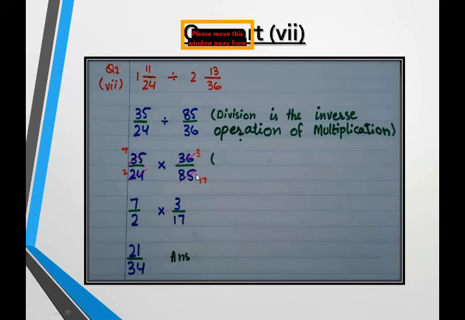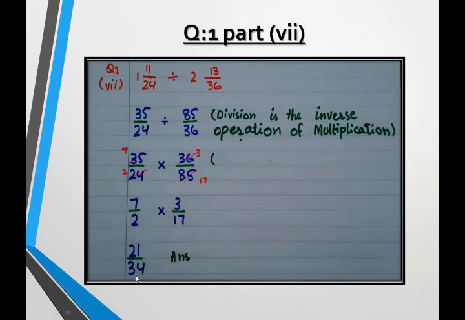35 and 85: 5 sevens are 35 and 5 17s are 85. Now 24 and 36: 12 twos are 24 and 12 threes are 36. What is left in the numerator? 7 multiplied by 3, and denominator 2 multiplied by 17. 7 threes are 21 and 2 17s are 34.